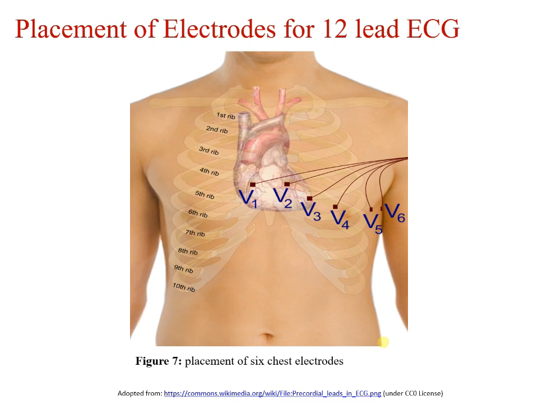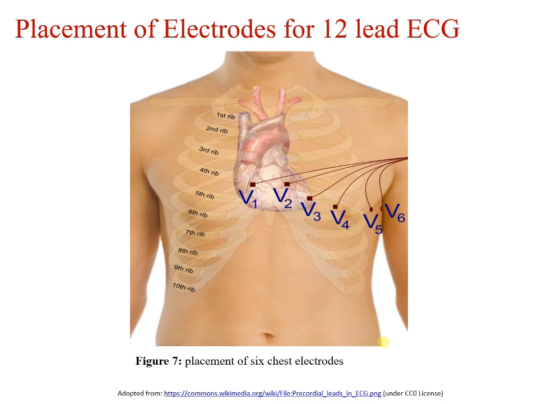Calculate the number of ribs from your neck. You can easily feel there is a space between two successive ribs. So you can just measure which is the fourth space, and then you can place two electrodes, that is V1 and V2, on each side near the sternum as shown in this figure.